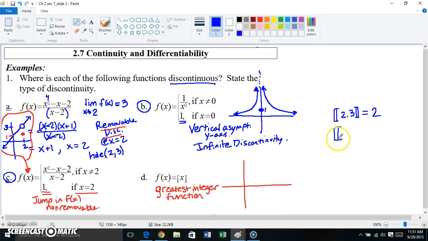What is the greatest integer of 4.9? It's 4. Okay, how about some negative numbers? What is the greatest integer of negative 1.3? Well, the greatest integer less than or equal to negative 1.3 is negative 2. How about negative 7.1? The greatest integer less than or equal to this is negative 8.